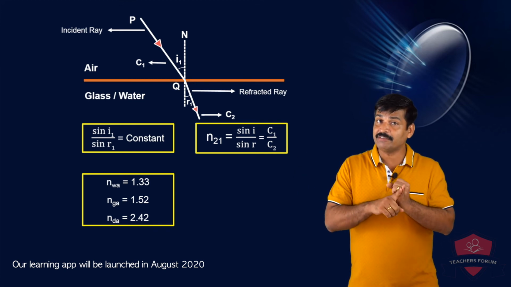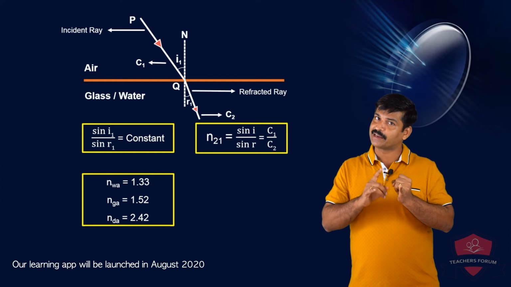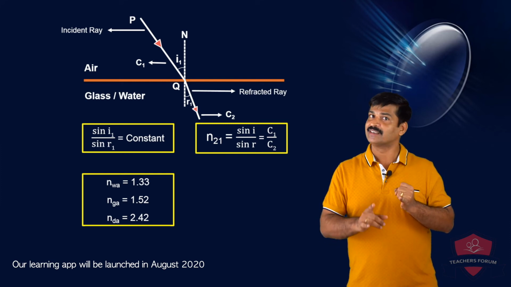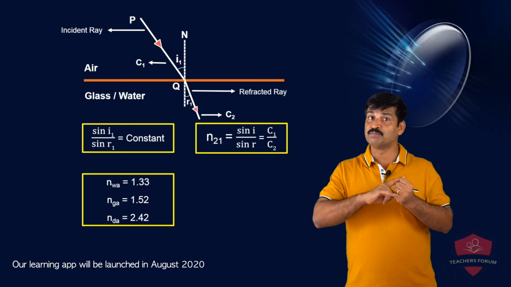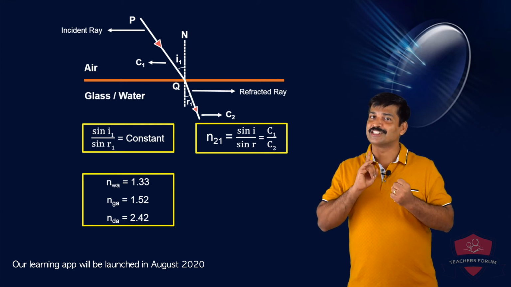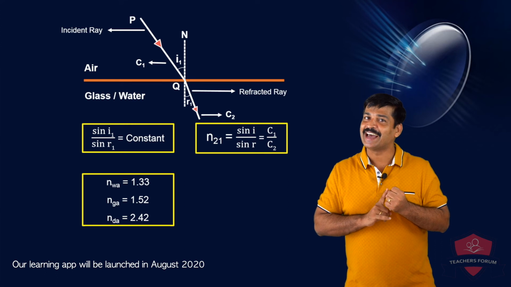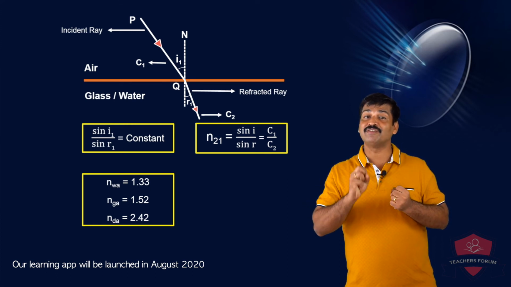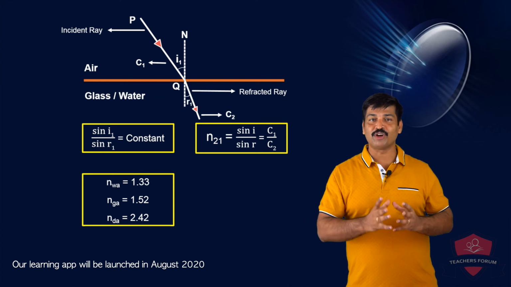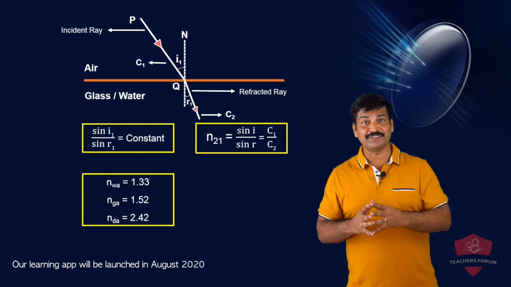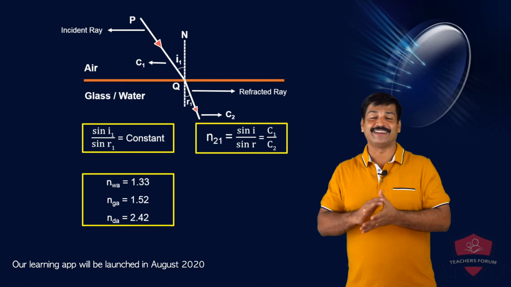If refractive index is less, optical density will be less, but the speed of light will be more. If refractive index is more, the speed of light will be less and the optical density will be more. So there is a relation between speed of light and refractive index and optical density.